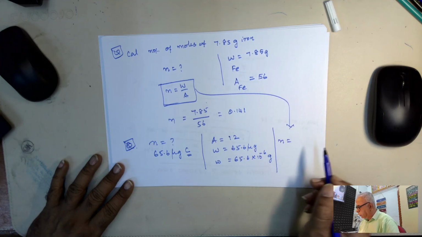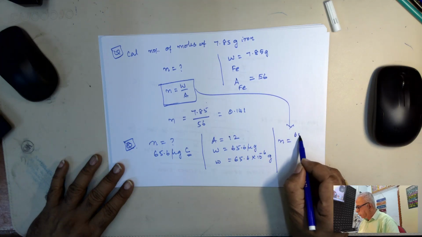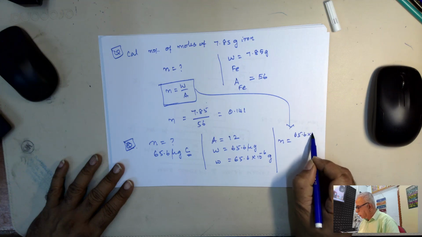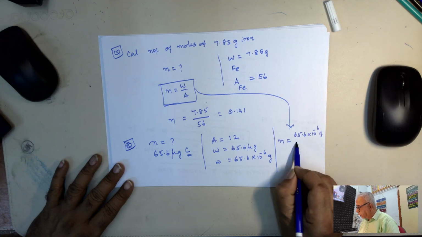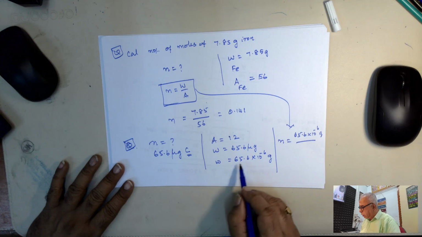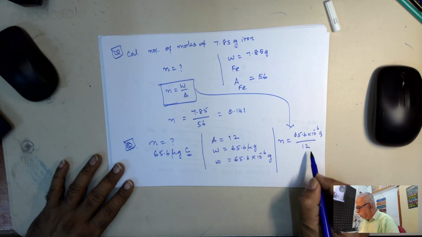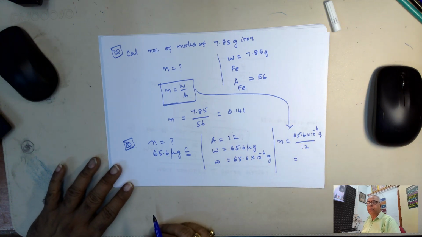Therefore, n is equal to, what is the weight? 65.6 into 10 power minus 6 gram divided by what is the atomic mass of carbon? 12. Now get the answer.